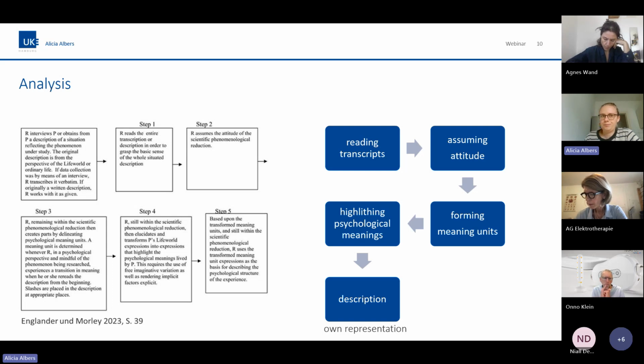Then there's the need to assume a specific attitude as a researcher. I created meaning units from the quotes, and then I went a little bit deeper and highlighted psychological meanings. And then I did a description of the phenomenon for each interviewee, and then I combined them.